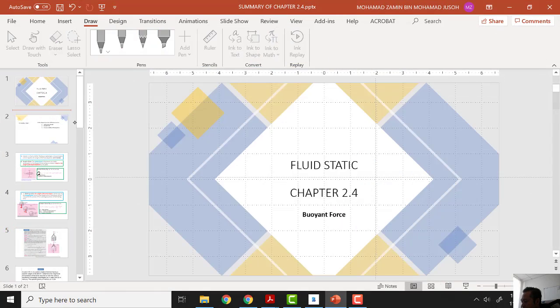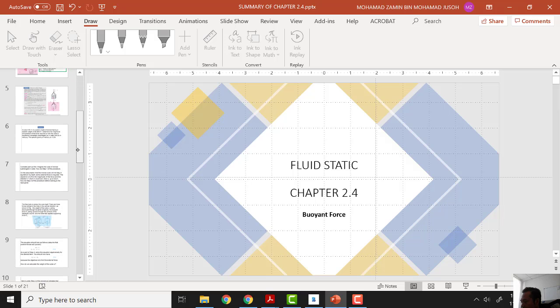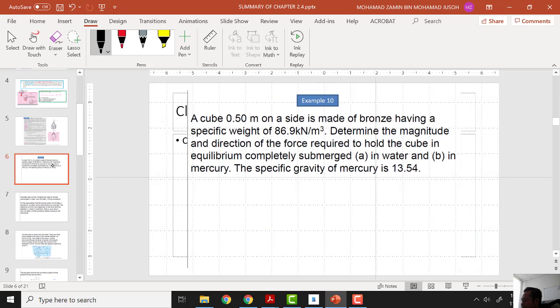Alright, now we have another example. We have a cube made of bronze having a specific weight of 86.9 kilonewton per meter cubed. Determine the magnitude and direction of the force required to hold the cube in equilibrium completely submerged in water, then in mercury. This example is the same as before. A cube means all the sides are the same.